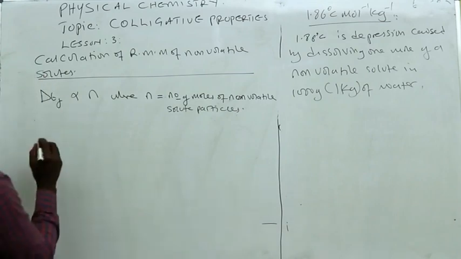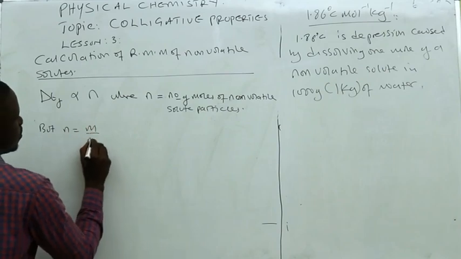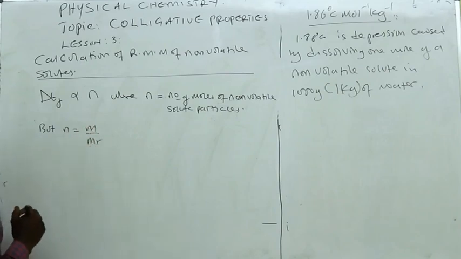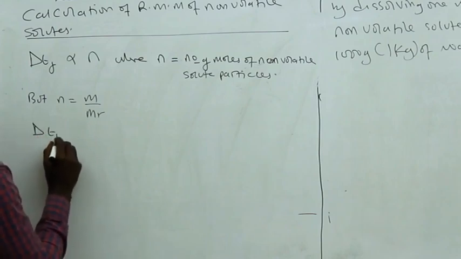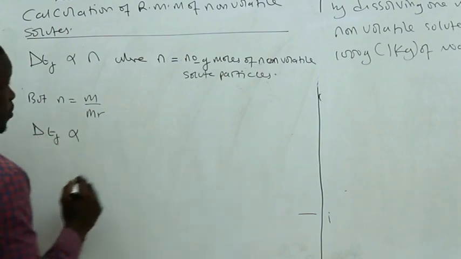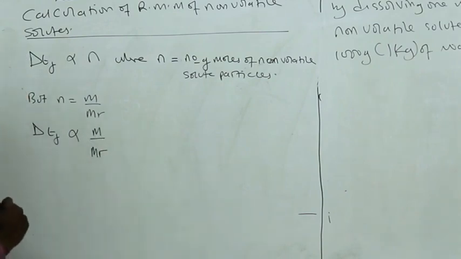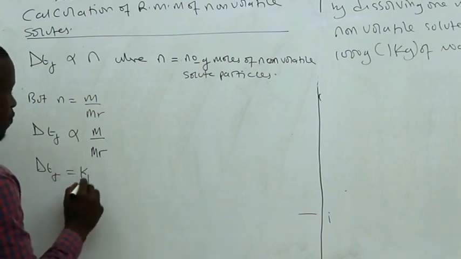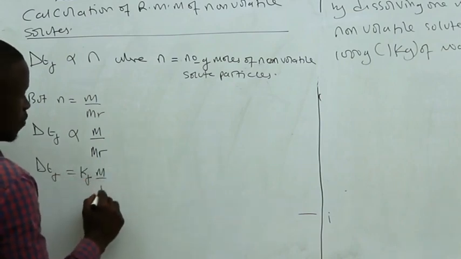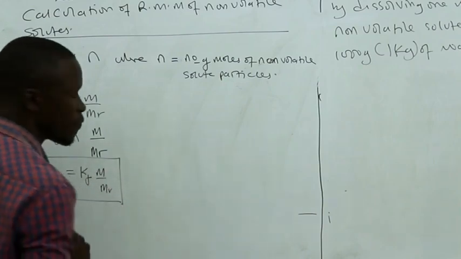Now, but all of us know n is mass over molecular mass, meaning that we can say that dTf is directly proportional to mass, but inversely proportional to molecular mass. If we introduce a constant, then that constant should actually be Kf, mass over molecular mass.